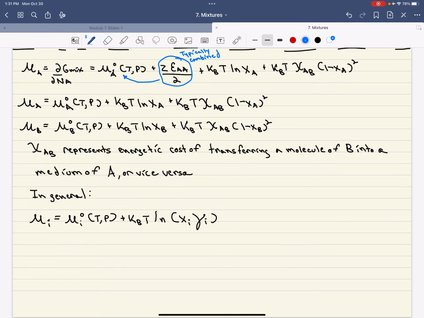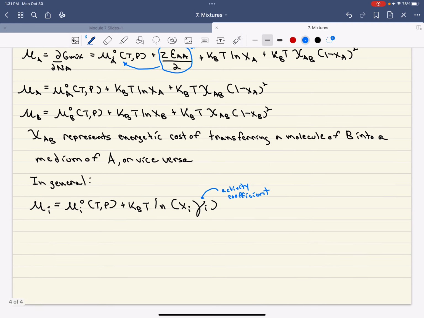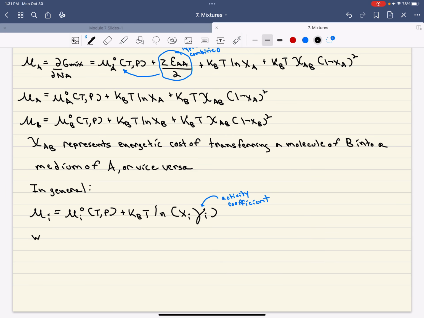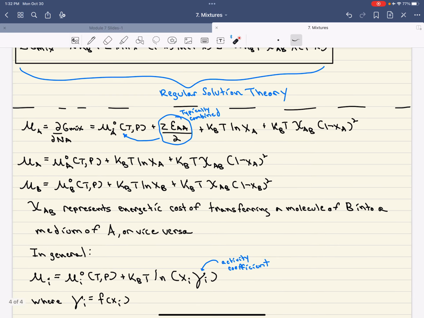Where this gamma parameter is called an activity coefficient. Where gamma is going to be a function of the mole fraction of species I. All right, so depending on what your mole fraction value is, that will affect the gamma term, right? And that's essentially what we see here, right? Because this term here is essentially our natural log of gamma, all right? And we see it's a function of XA.